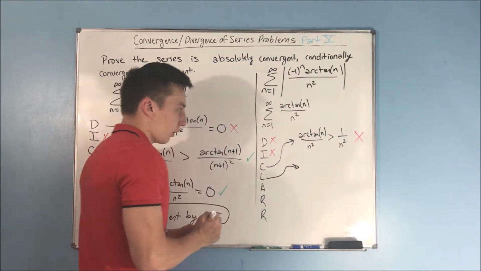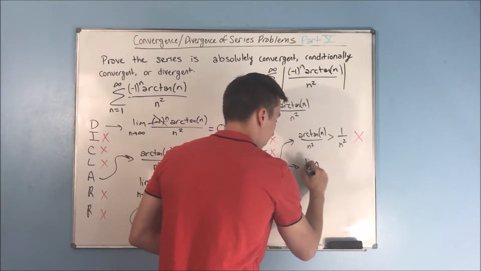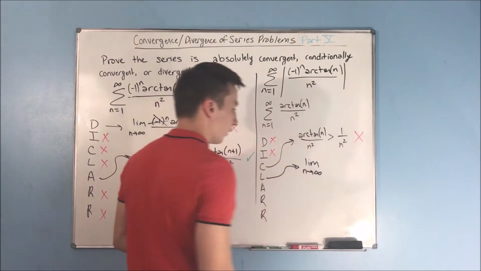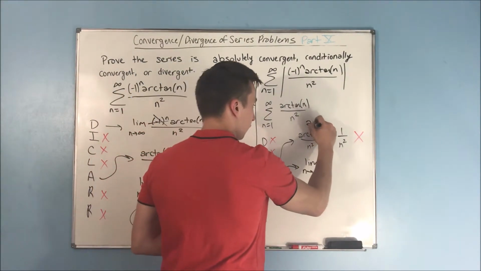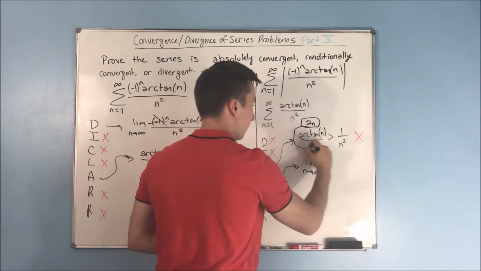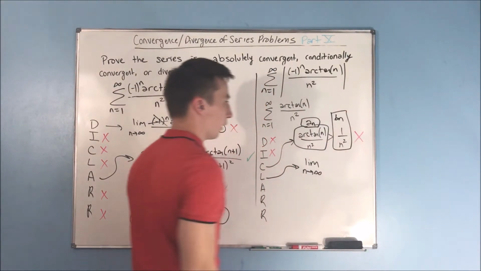Now, to do the limit comparison test, all you have to do is take the limit as n approaches infinity of a sub n over b sub n. A sub n is this piece right here, and b sub n is this piece right here.